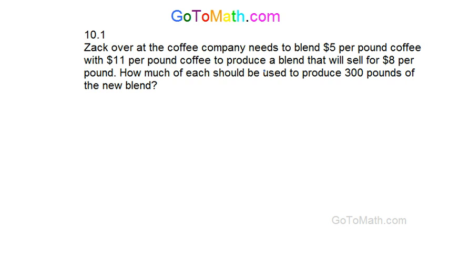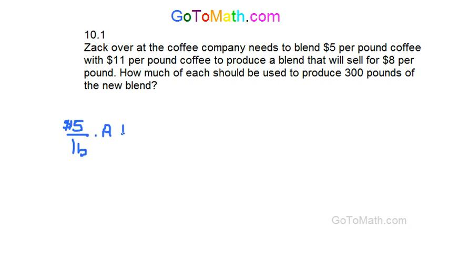All right, so we got $5 per pound of coffee. We don't know how much of the $5 per pound of coffee. So the units always help out. $5 per pound, so over pounds, say LB here, times the number of pounds, and we're going to let A be the amount of the $5 per pound.